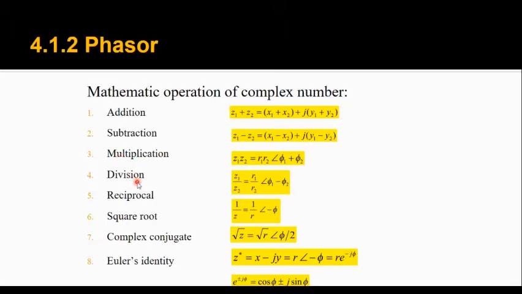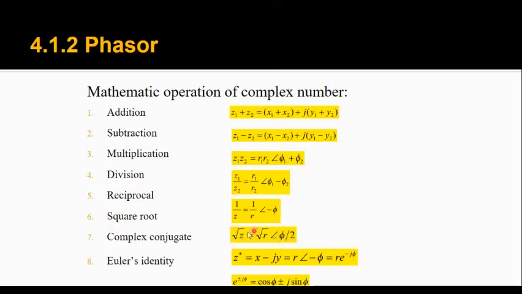For multiplication and division, you are using the polar form. And then the reciprocal. What is the reciprocal? The reciprocal is 1 over z, which equals 1 over r, that is your magnitude, at the phase angle of minus theta, minus phi. And then number 6 is the square root.